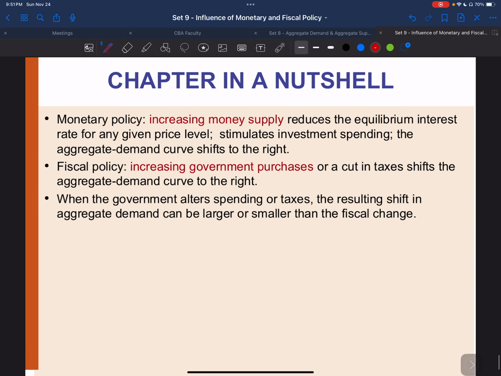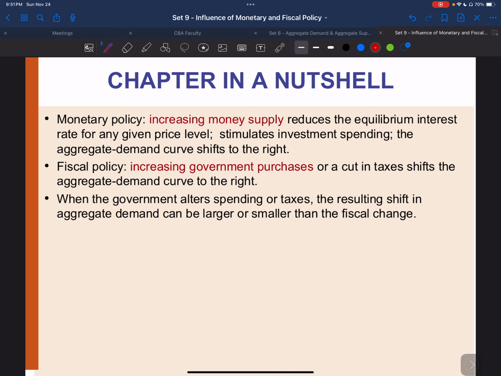Okay, so let's summarize the monetary policy and fiscal policy, and we will talk about real life examples next session. We will discuss together on Wednesday, and next week, we will talk about more real life examples with more graphs together.